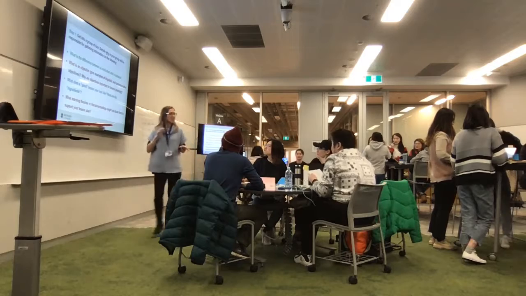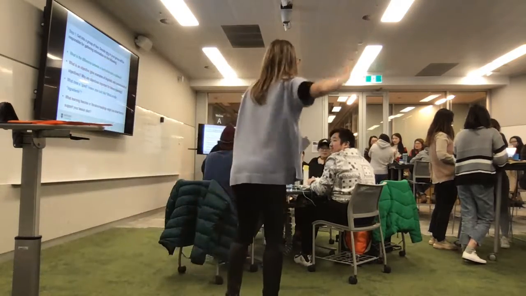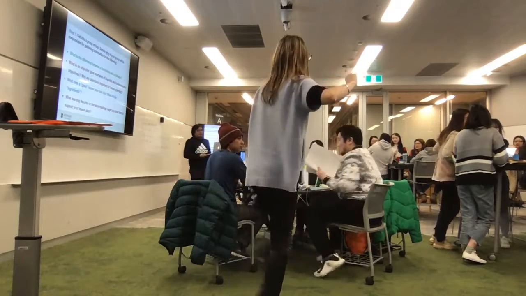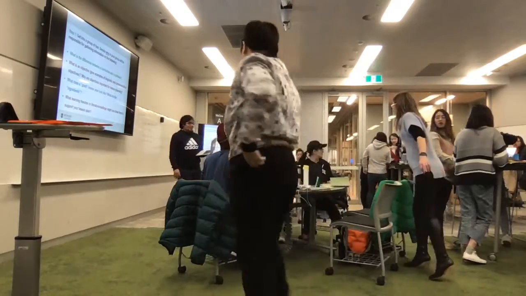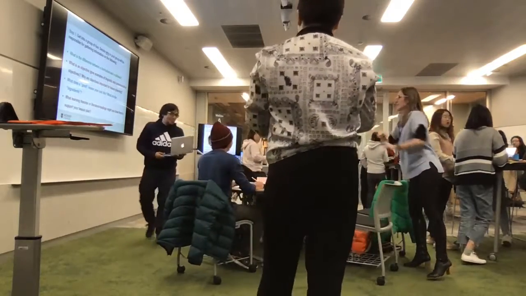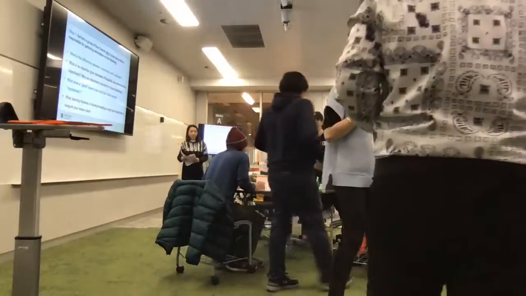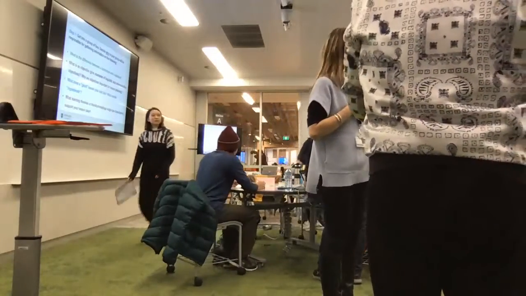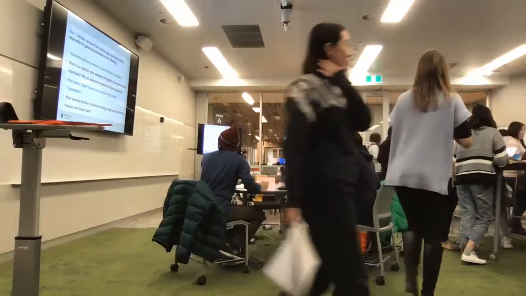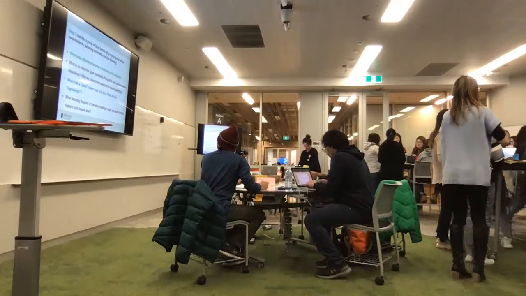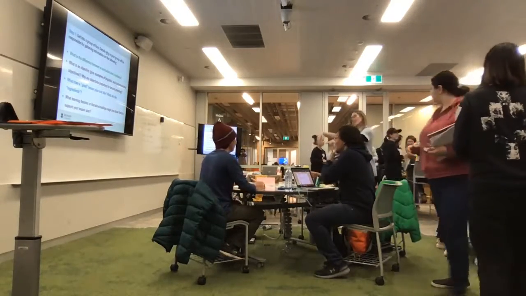All right, so once you find out who you would like, let's have the 1s over this area, the 2s, the 3s, and then the 4s. Okay? But don't move. Are you 1? Yeah. Okay. Here. 1, 2, 3, and 4.